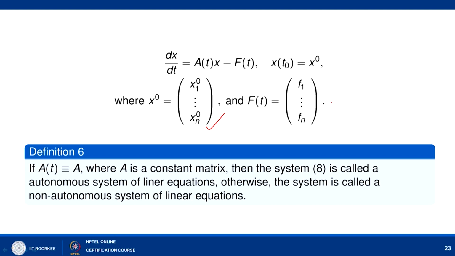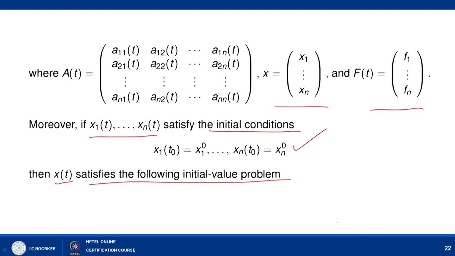Now, if the coefficient matrix A(t) is identically equal to A, it means that A(t) is not a function of t, its components are constant values. If A is a constant matrix, then the system 8 is called an autonomous system of linear equations, otherwise the system is called a non-autonomous system of linear equations.